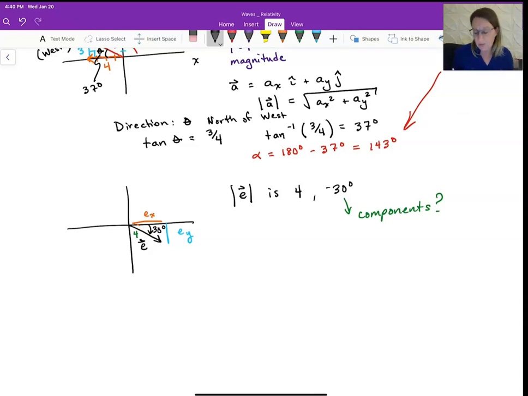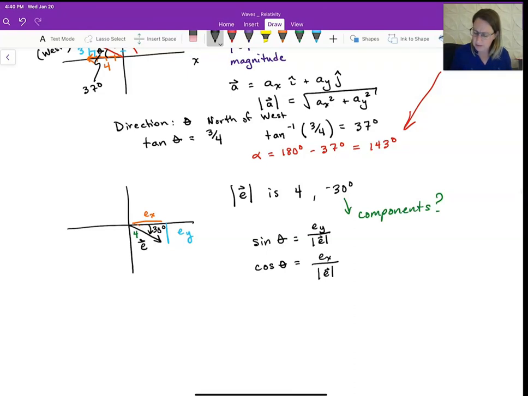So let's say that would be SO or CO. So that would be sine of theta and cosine of theta. So sine of theta is opposite. So sine of 30 degrees would be my EY over my magnitude of E. And cosine would be EX over my magnitude of E.